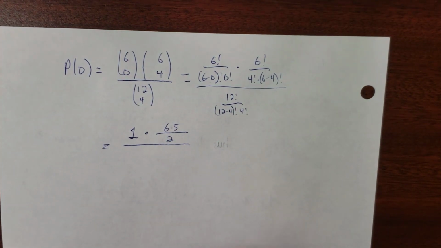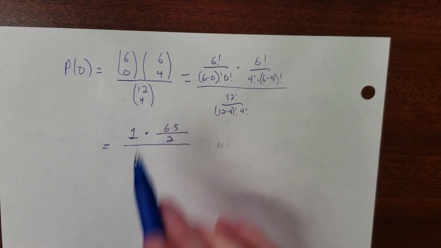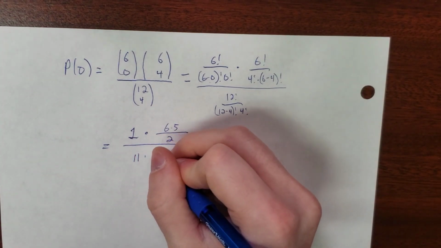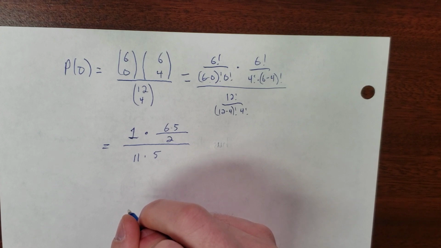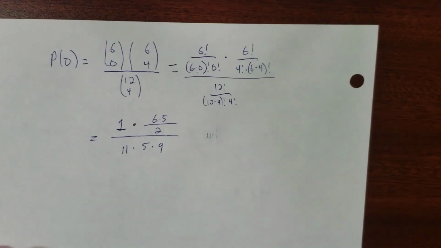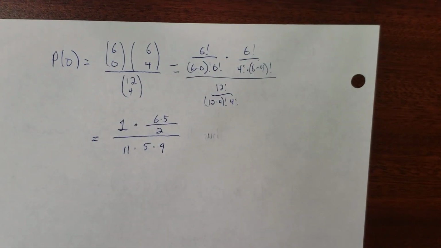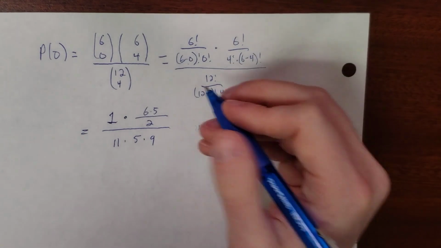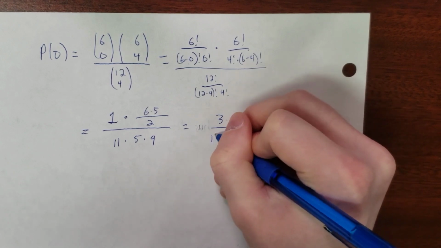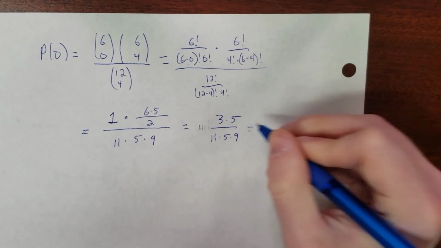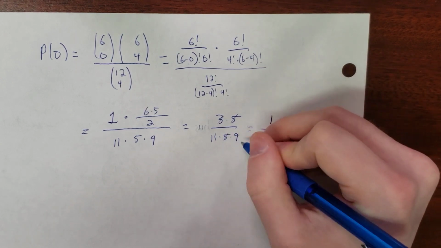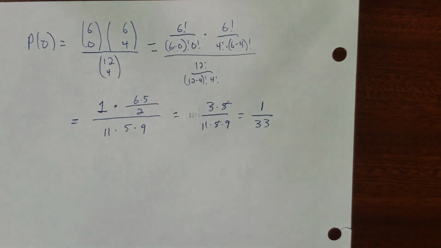well, as we saw in the previous problem, 12 choose 4 is 11 times 5 times 9. And if we keep simplifying this, 6 over 2 is 3, so we get 3 times 5 over 11 times 5 times 9. 5's cancel. 3 over 9 becomes 1 over 3, so this becomes 1 over 3 times 11, which is 33.